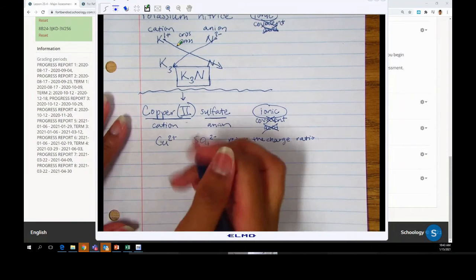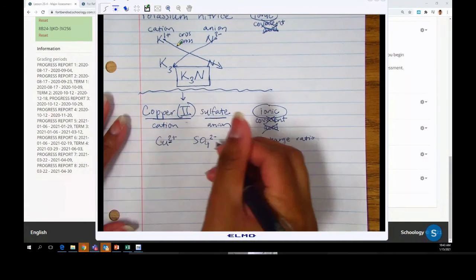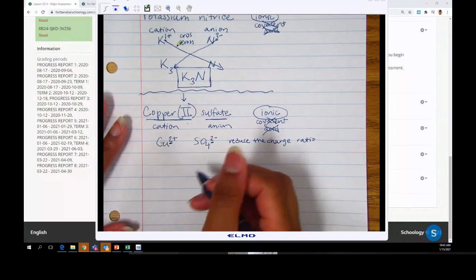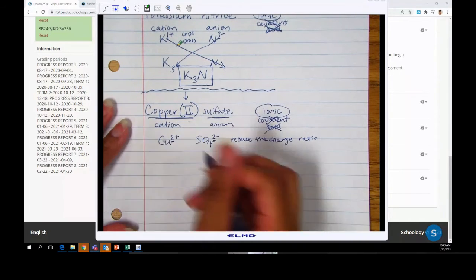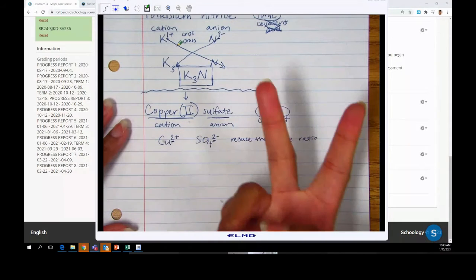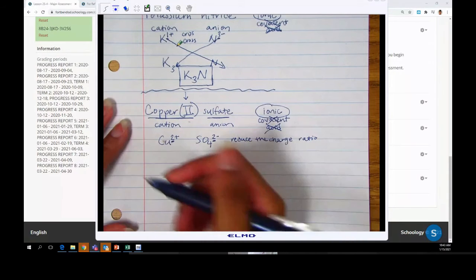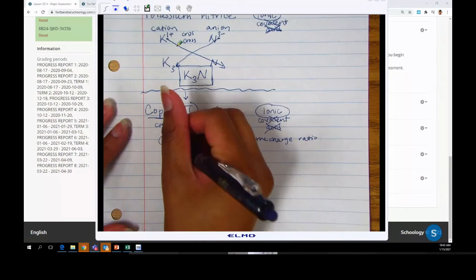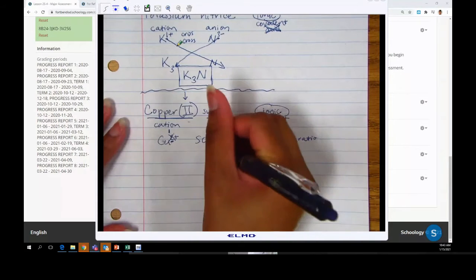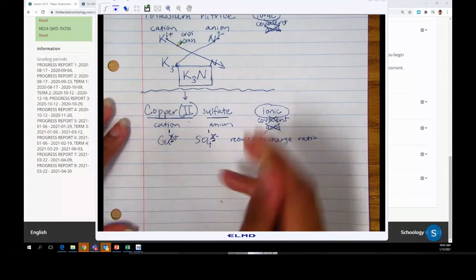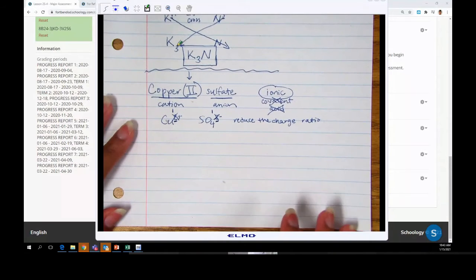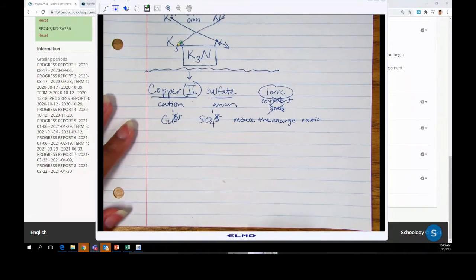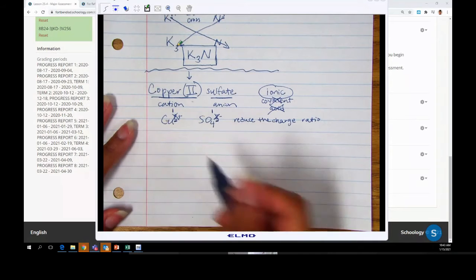Same thing works here for the magnitudes of these charges. Since they're both 2, we could reduce these down, 2 is divisible by 2, so we could reduce this down to 1 and 1. And this is just for going forward in our crisscross rule.